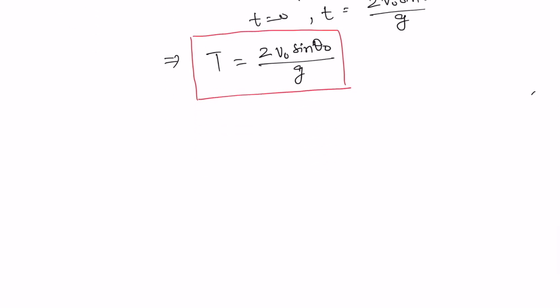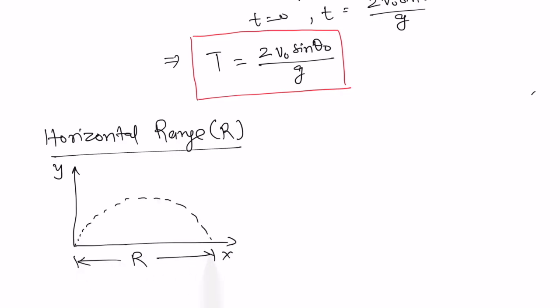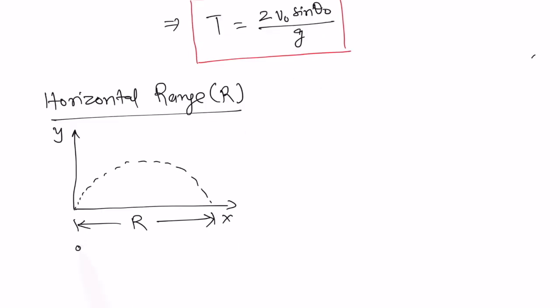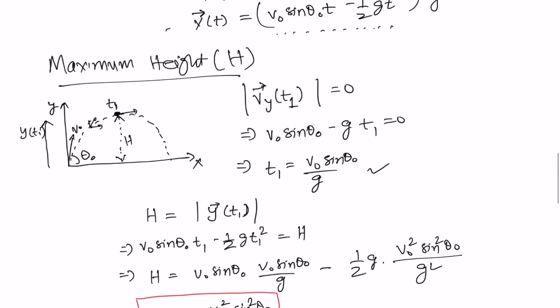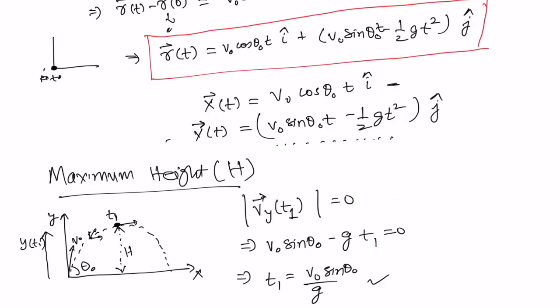Let's now calculate horizontal range. This distance is the horizontal range. The position vector at this point is fully along the x-axis, so the magnitude of the x component of the position vector at this time is nothing but R. R equals the magnitude of the x component at any time t, which is v naught cos theta naught t.